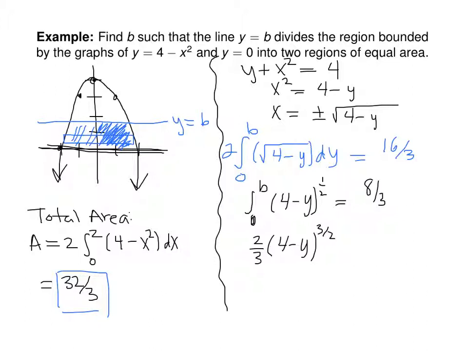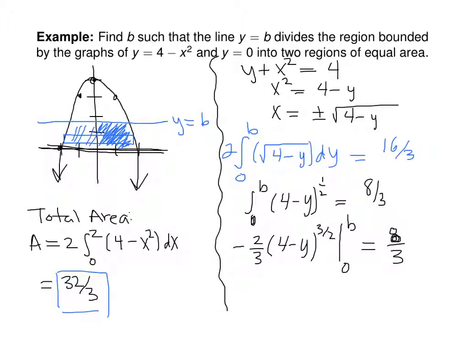And just think, if you differentiate this expression, you have 2 thirds times 3/2, which makes 1. Power of 1/2, the chain rule would give you times -1. You don't have a negative, so to compensate, you insert a negative out here. From 0 to b is equal to 8 thirds.